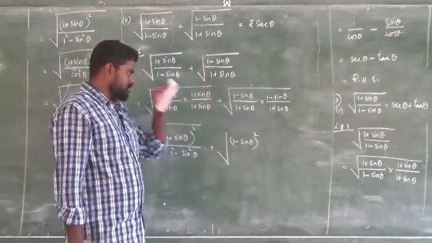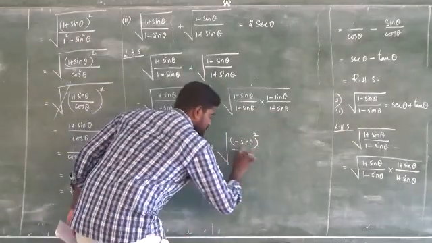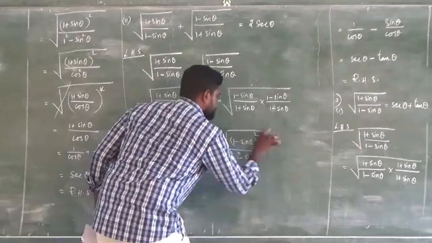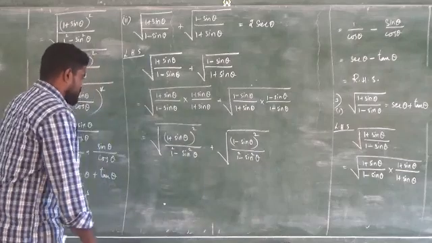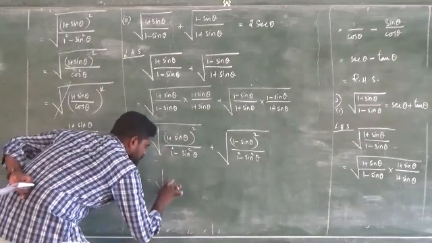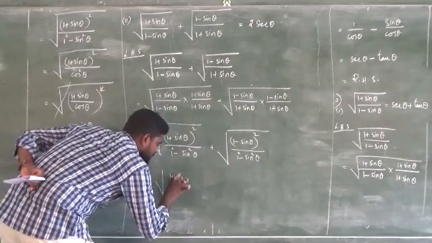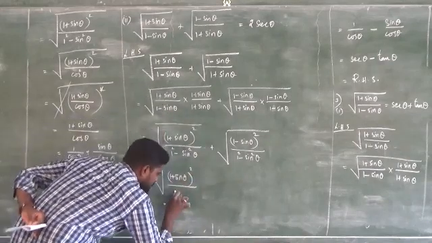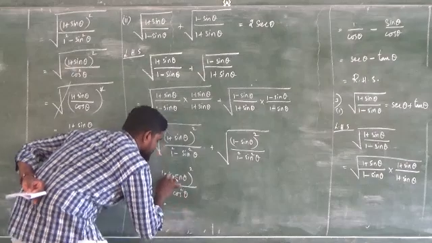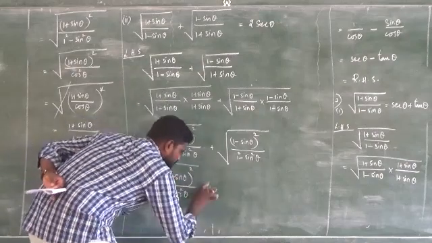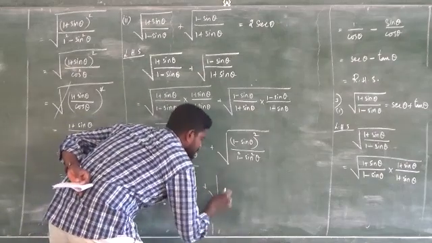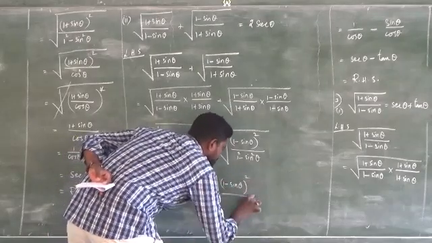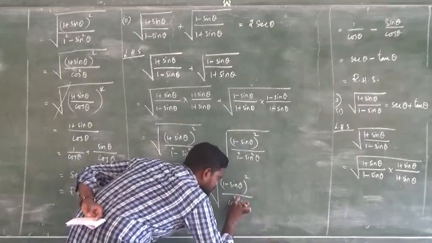A plus b into a minus b, again it is a square minus b square, so 1 square minus sin square theta. So this becomes root of 1 plus sin theta whole square by 1 minus sin square, which is cos square theta, plus 1 minus sin theta whole square by again 1 minus sin square, which is cos square theta.